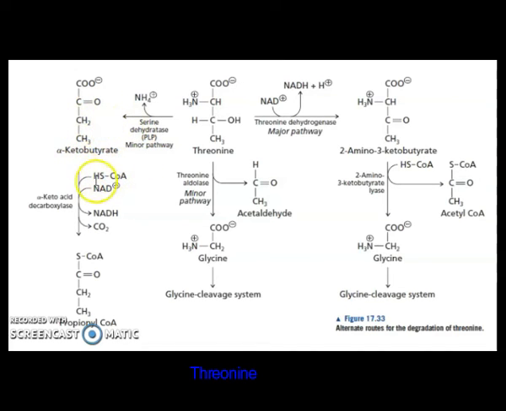Alpha-ketobutyrate can be converted to propionyl-CoA in the degradative pathway, and this propionyl-CoA is a precursor of the citric acid cycle intermediate succinyl-CoA. Then, threonine can produce either succinyl-CoA or glycine plus acetyl-CoA, depending on the pathway by which it is degraded, because it has several ways of carbon degradation.